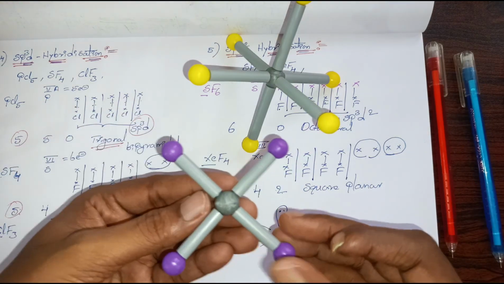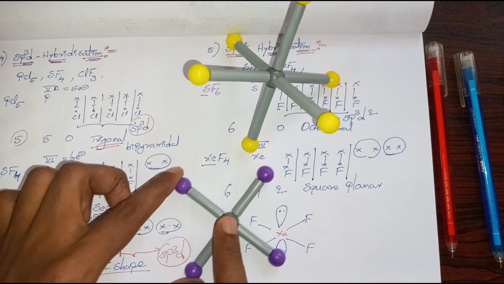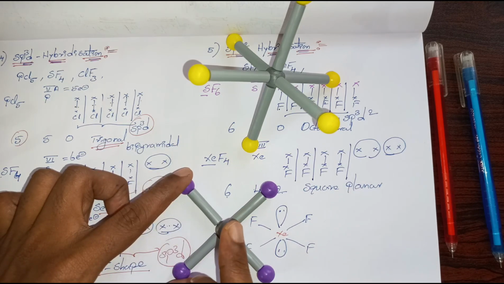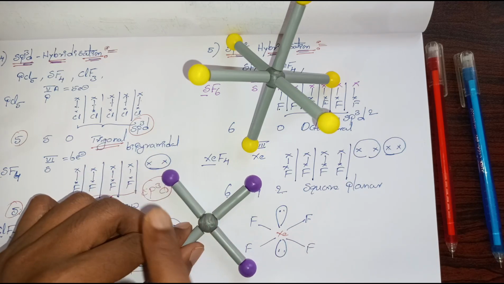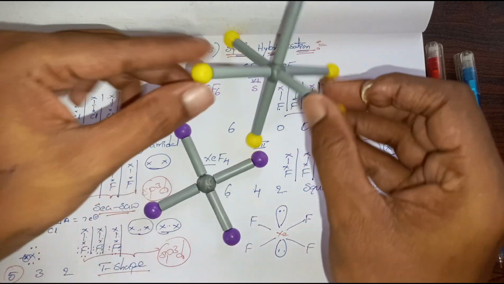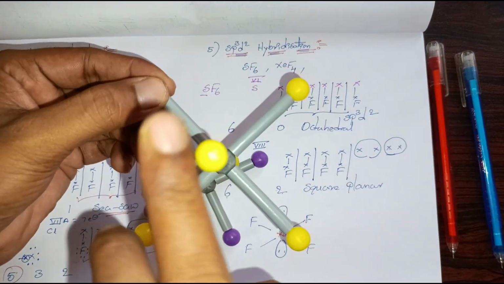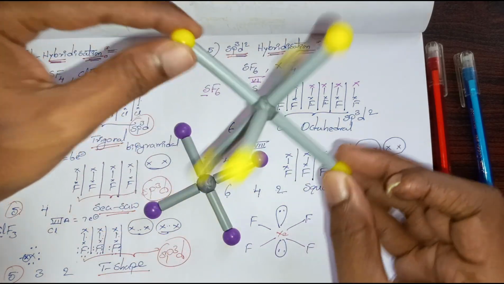This is the square planar arrangement. Just imagine these four fluorines in the same plane, one lone pair here above, and another lone pair below the plane. That is the square planar arrangement.